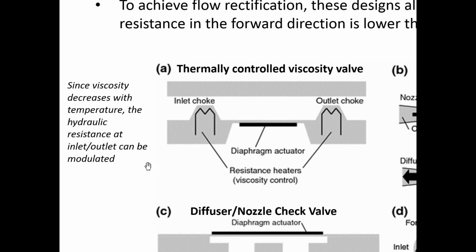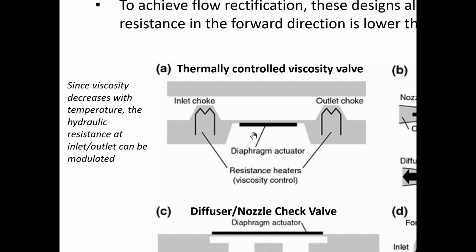Now, if the outlet is heated and the inlet is not heated, what will happen is that there will be less flow resistance here and a higher flow resistance here. So when the diaphragm pushes down, during the contraction part of it, the fluid flow will preferentially go to the right because there's less fluidic resistance on this side versus this side.